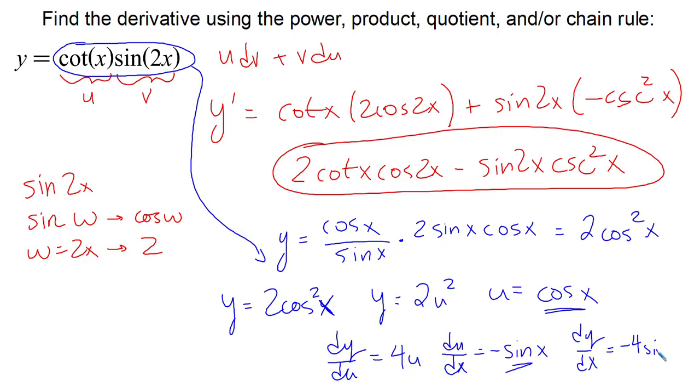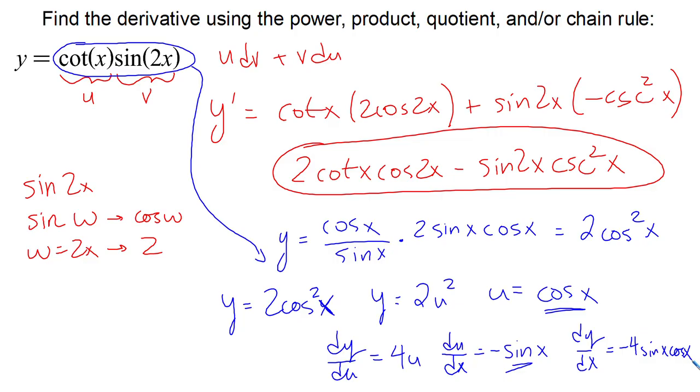So negative 4 sine x cosine x. Let's see if we'll run out of room and it won't let me write it there. So just move that over a little bit. And negative 4 sine x cosine x.